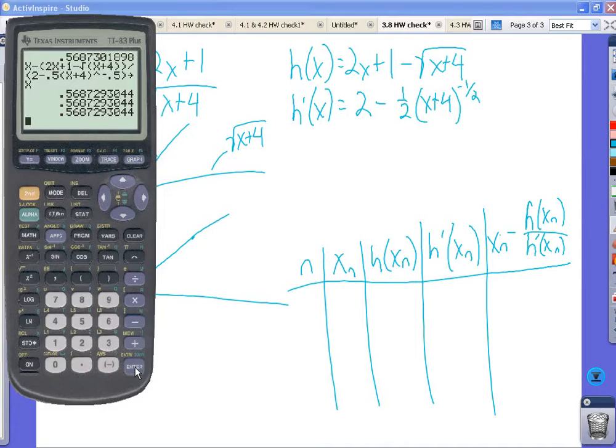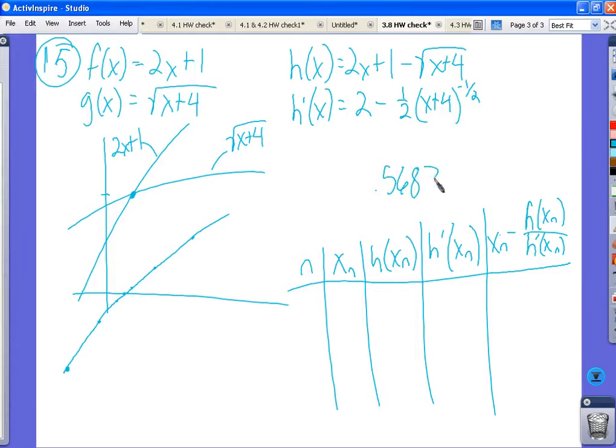Actually, truth be told, this is a TI-84 and a TI-83 skin. It's not silver.